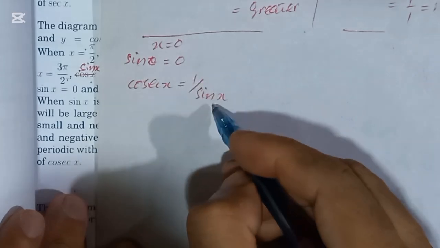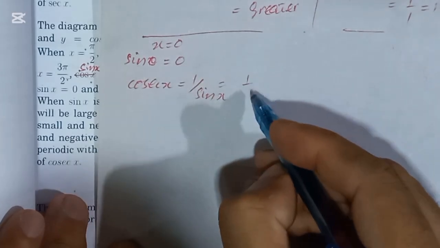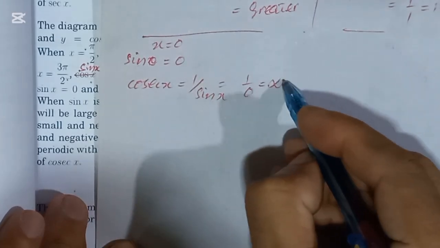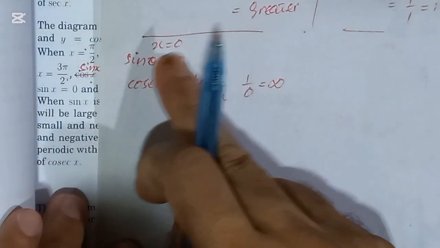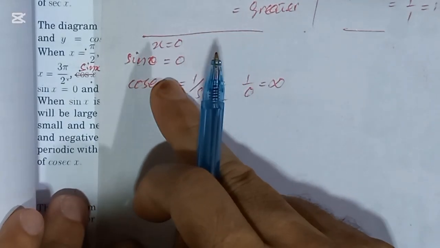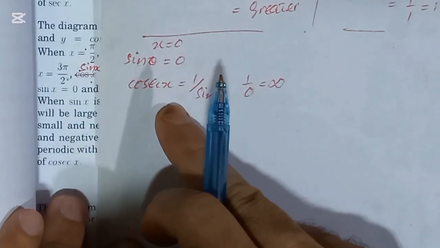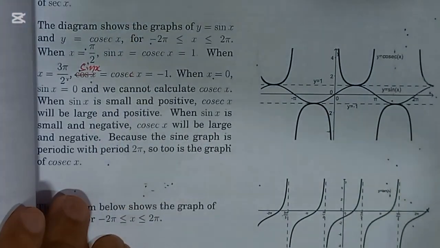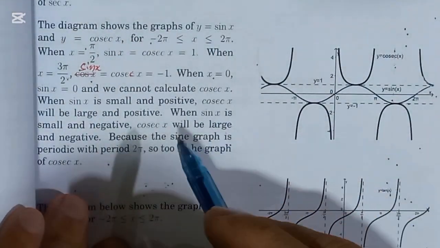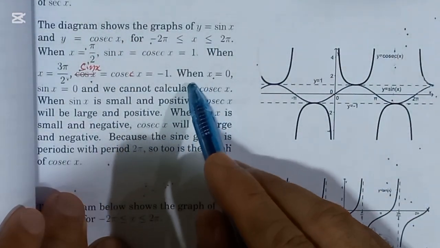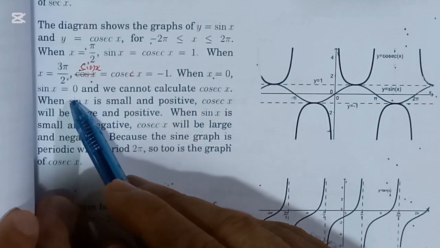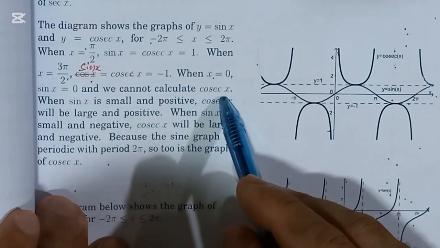Putting the value of sine in the denominator, 1 over 0 is undefined. So when x is equal to 0, sine x is 0 and cosecant x is undefined. This is the concept which is used here.